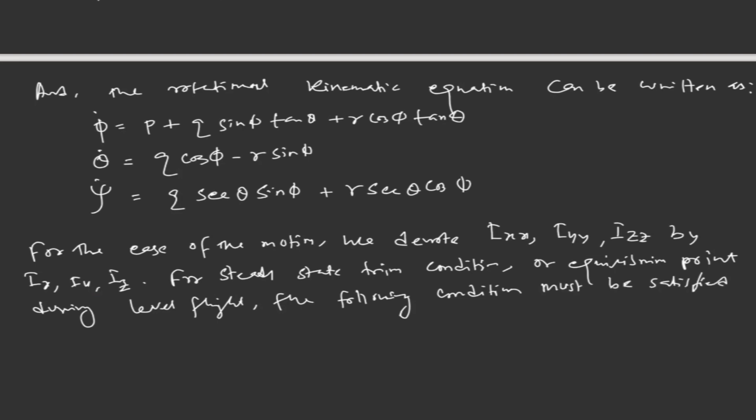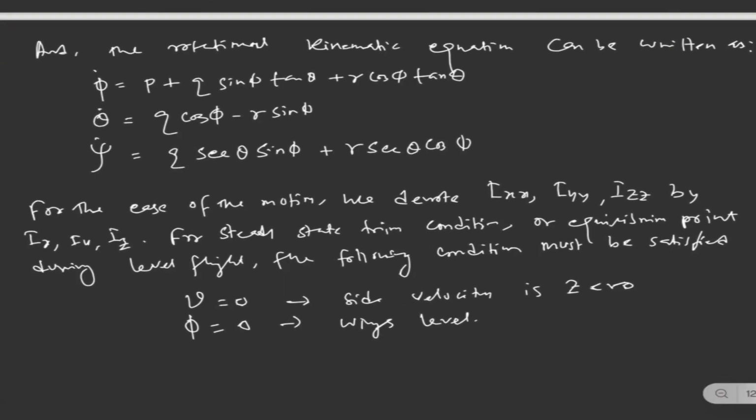V equal to 0, which means side velocity is 0. This is the first condition. And phi equal to 0, the wings level.